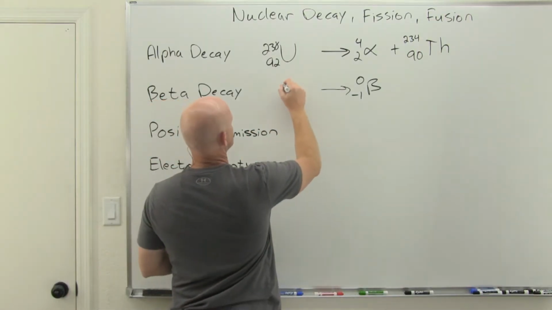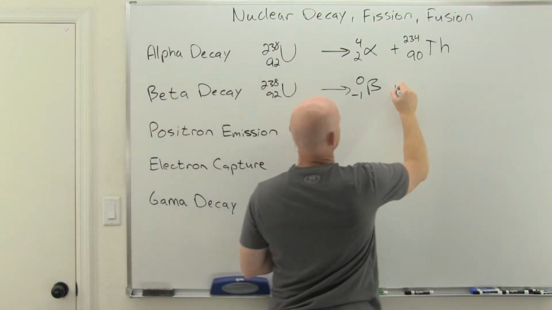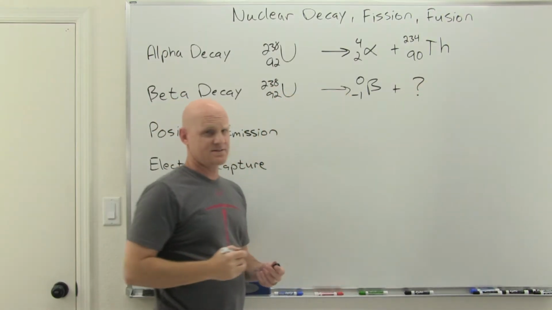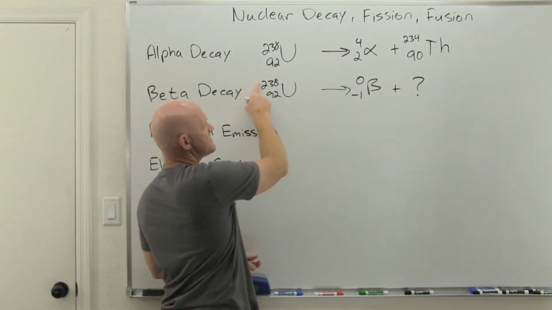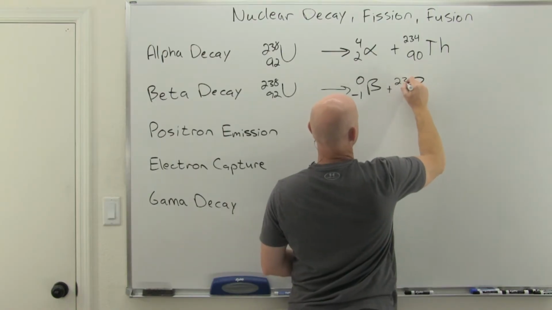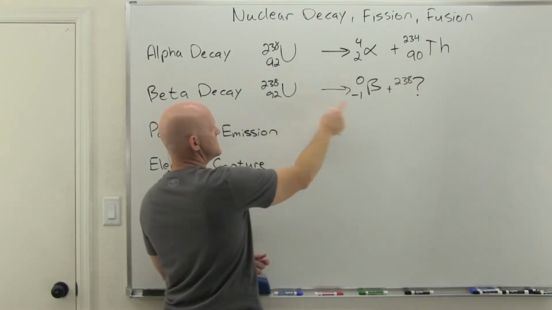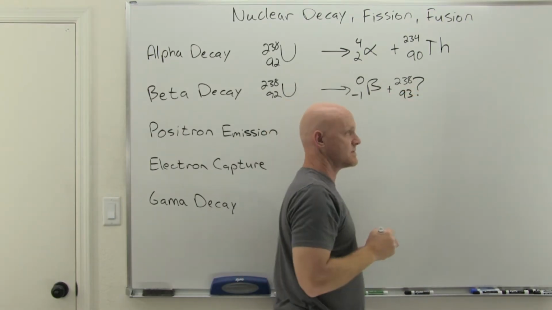So in this case, if we do the beta decay of uranium-238, what would be the lovely daughter nucleus? And once again, we'll just balance accordingly. So for the mass number, 238 equals 0 plus, we're still going to be 238. And then 92, if we're -1 here, this is going to have to be atomic number 93.